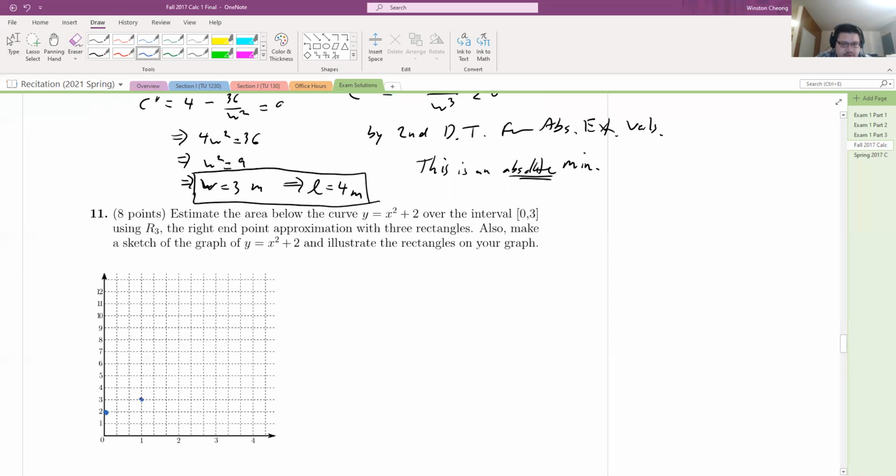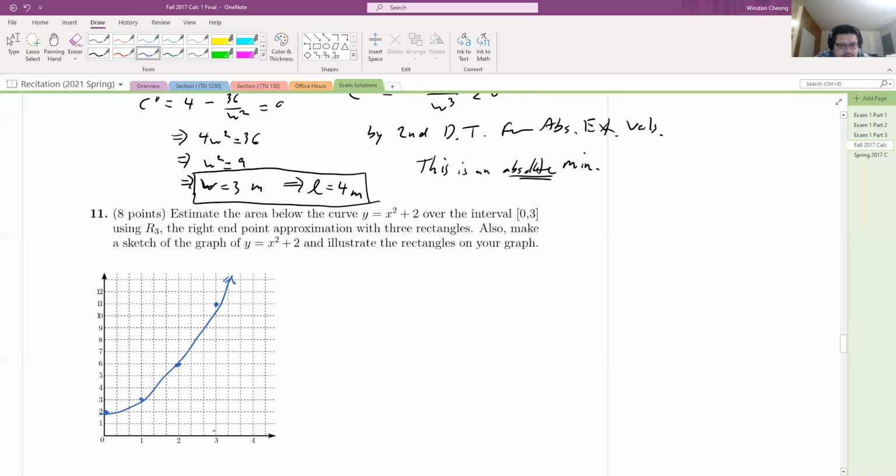When we go over to 2, that should go up to 6. Is that right? Yeah, 4 plus 2. Okay. And then 9, 11. And then 4 is off the graph. Okay, so that's approximately what the graph looks like.